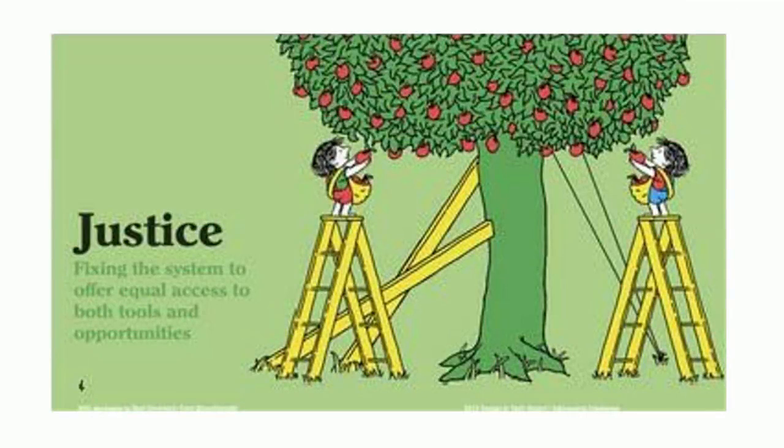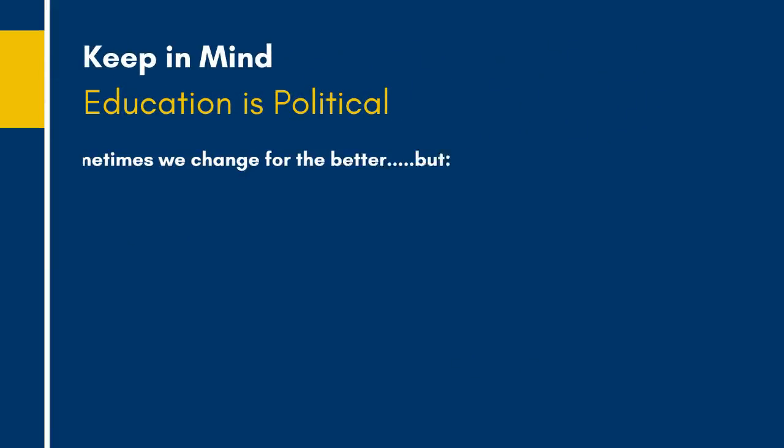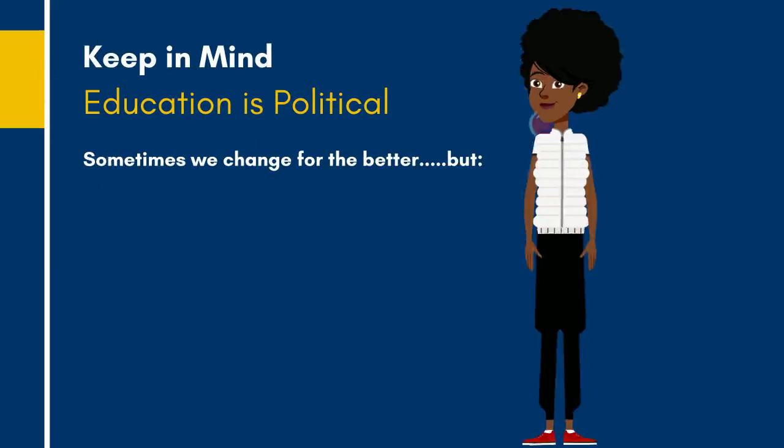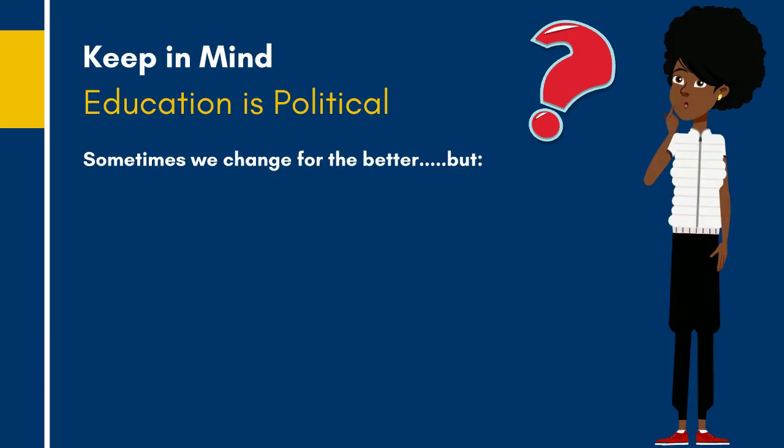When we reviewed the history of education in the U.S., we saw many instances in which certain groups received an inferior educational experience or were denied access to education because of their race, gender, ability, language, or where they lived. Keep in mind that education is political and changes with society, sometimes for the better and sometimes in ways we must question.